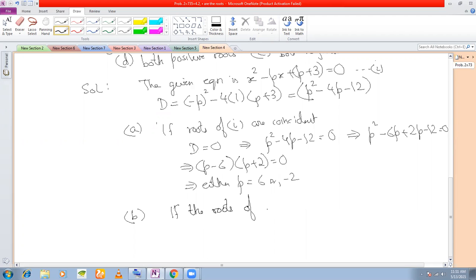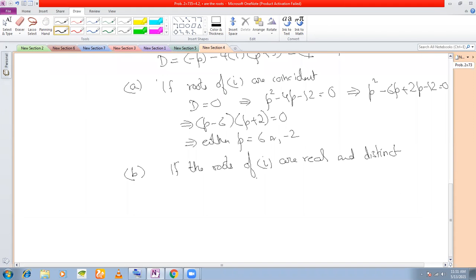Have you written the rules in your copy? Yes, sir. If you have written, then if you see just beside distinct, I have written unequal. So if the roots are real and distinct, the condition was D greater than 0, the discriminant must be positive. So we found the discriminant to be p square minus 4p minus 12 greater than 0.